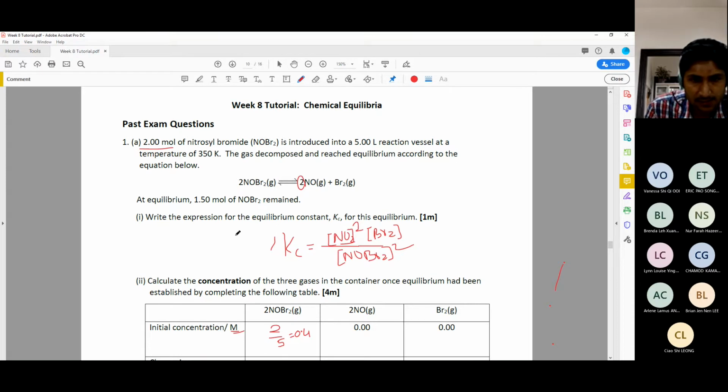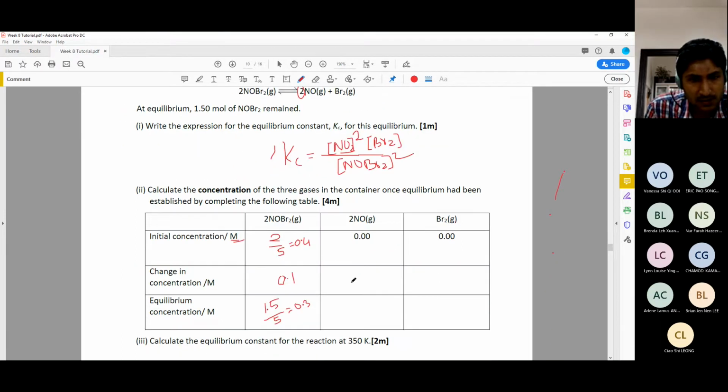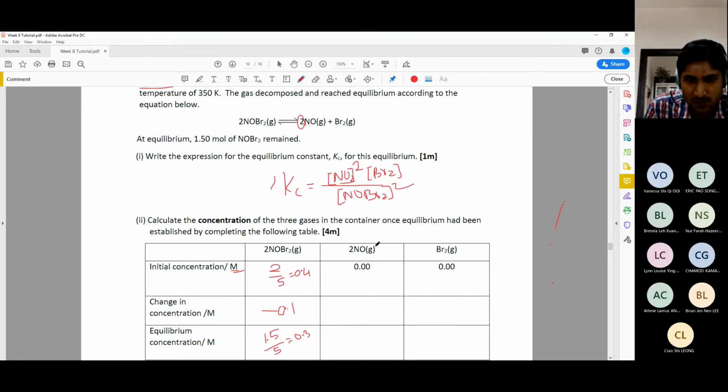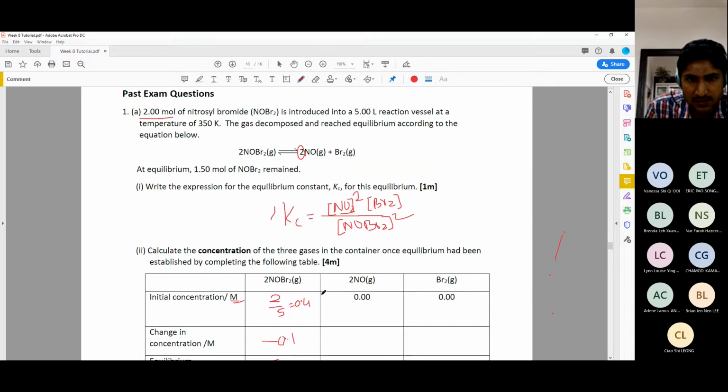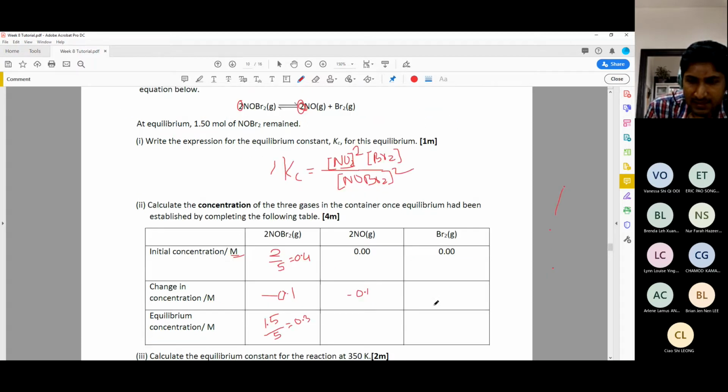And then, if 0.1 mole has been used, that is the negative one, how many moles of nitric oxide do you think will be produced? It will be the same because it is a 2:2 reaction. 2 moles of nitrosyl bromide will produce 2 moles of nitric oxide. So 0.1 molar as well, and sorry, it is positive.